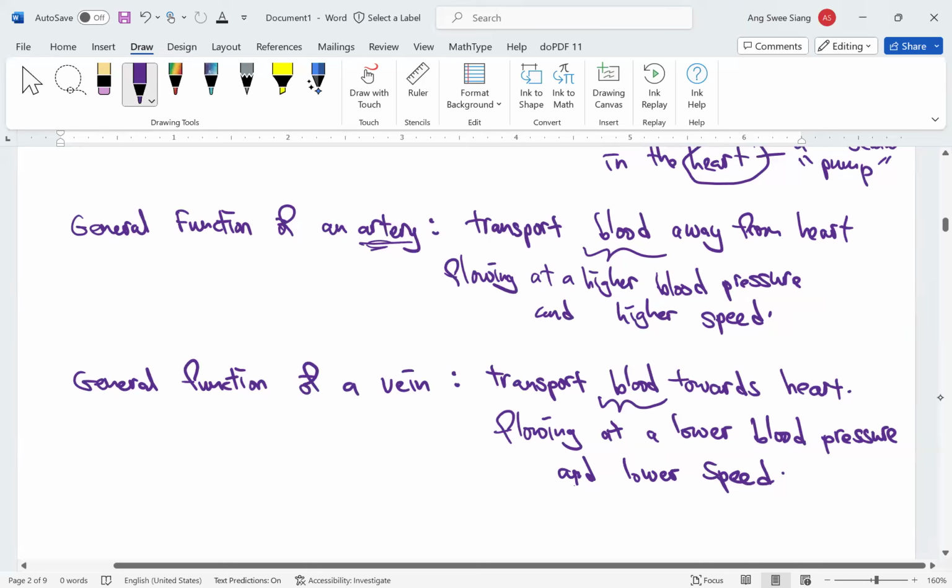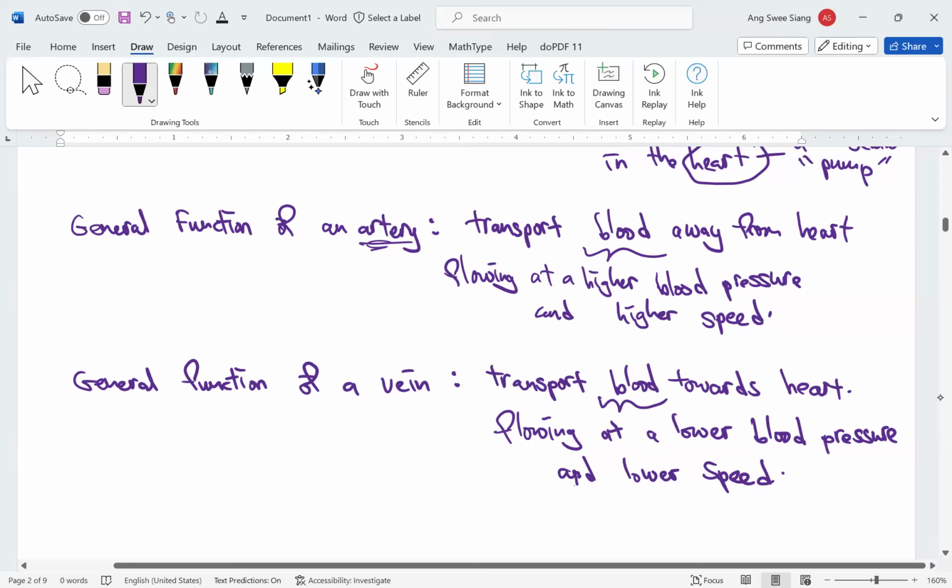The walls will be thicker and elastic. Okay, very good. So what makes up the wall of the artery? Cell wall? No, cell wall is found in plant cells. Muscle, yes, more muscular.